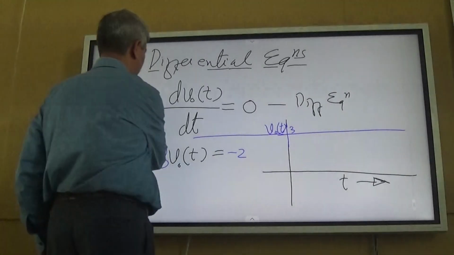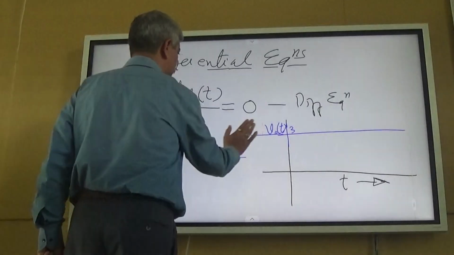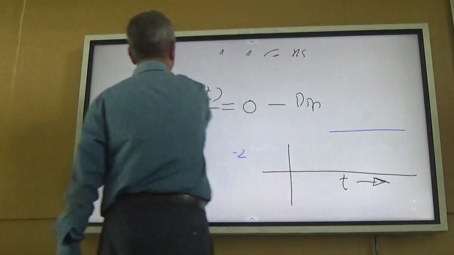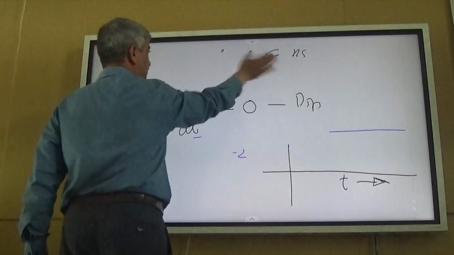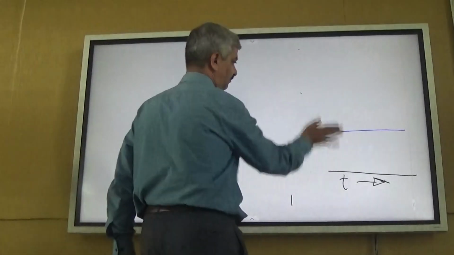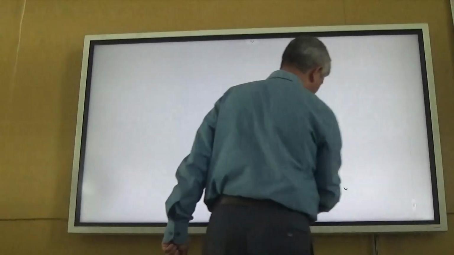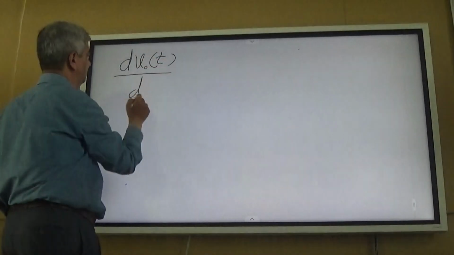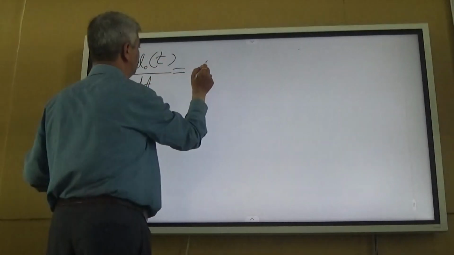So let us forget all this, and now we enter the differential domain and focus on dV(t) upon dt is equal to 0.